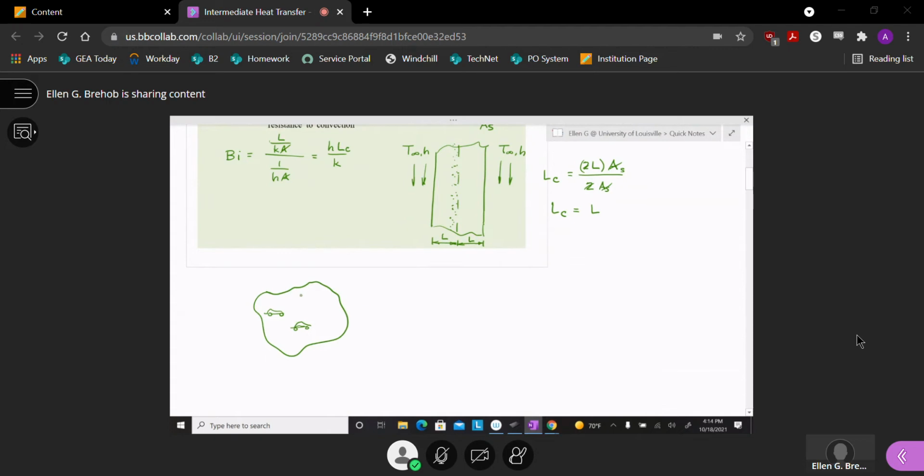All right, this is a bunch of cars on an island. Okay, and we got boats out here.